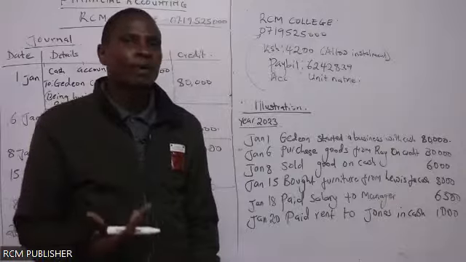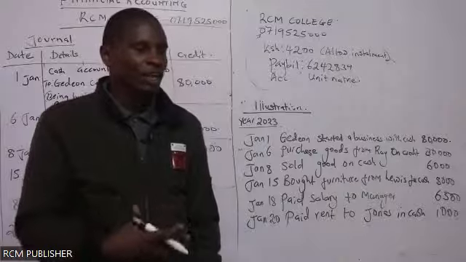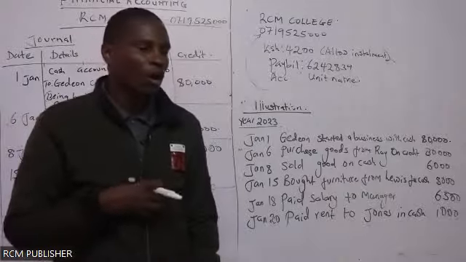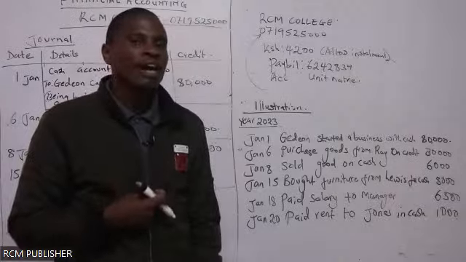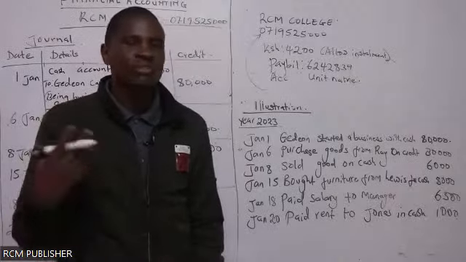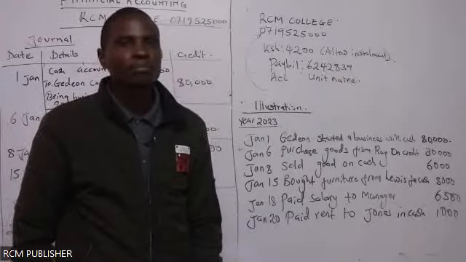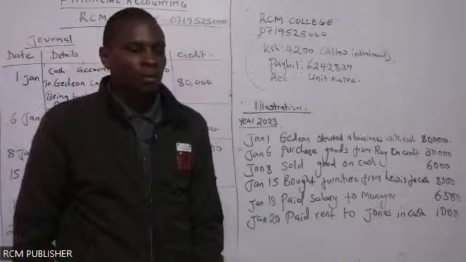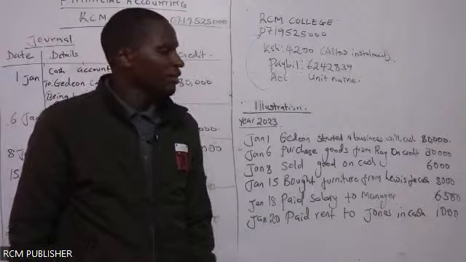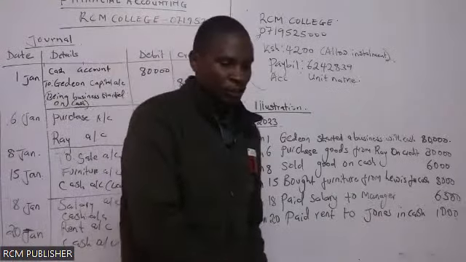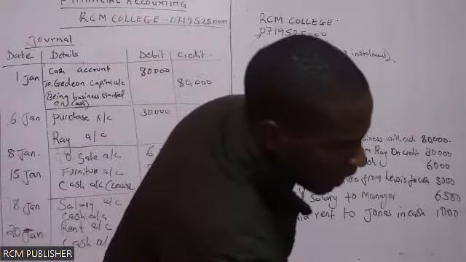If we had 10,000 in cash and we have paid rent of 1,000, our money now remains 9,000. The balance that we have is 9,000. And that marked the end of that illustration.